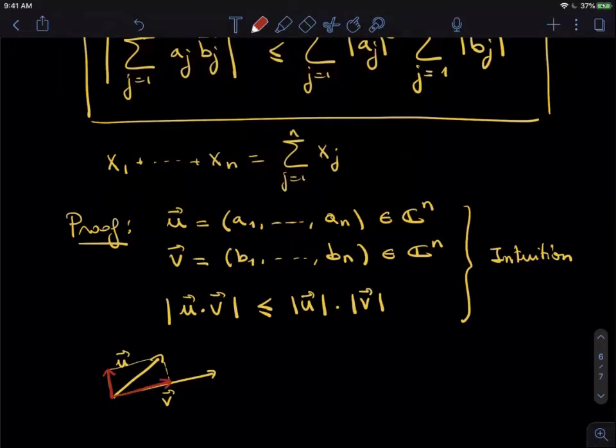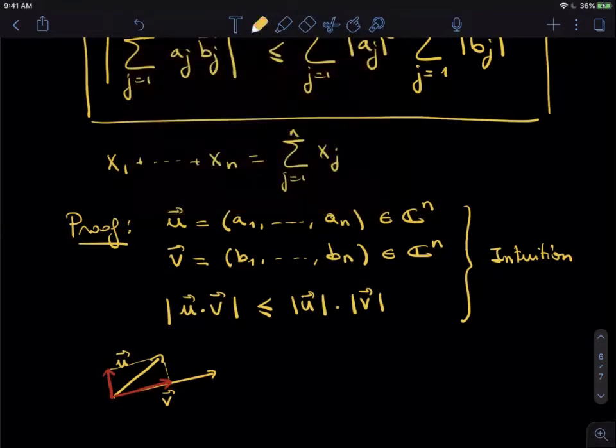The key of the proof is that we are going to be keeping just one of these two components, the perpendicular or the other one. And there, you see that there is a less or equal here. So the case of the equality, I give you this hint: the case of the equality is when there is no perpendicular component. The vector u is parallel to v.